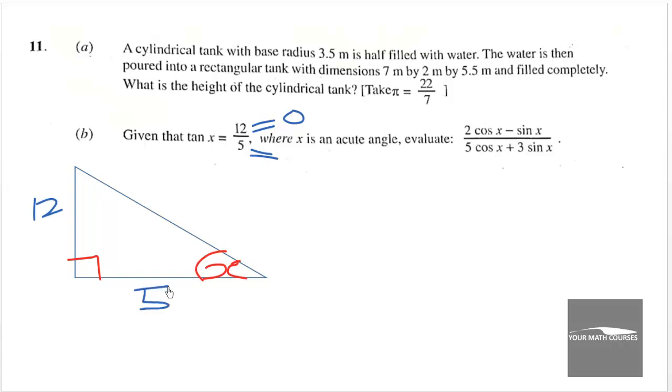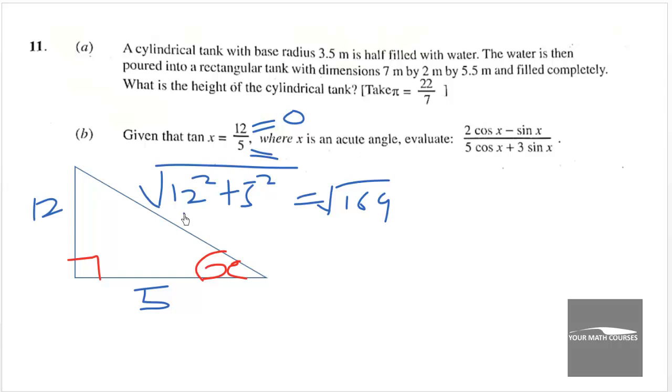The hypotenuse will be the square root of 12 squared plus 5 squared, which is the square root of 169, because 144 plus 25 is 169. That gives us 13 units. Now we can find cos x and sin x.